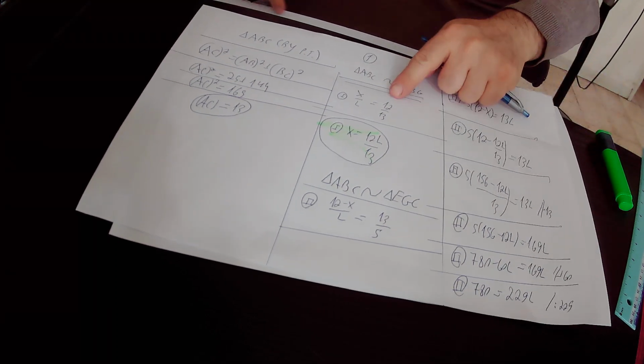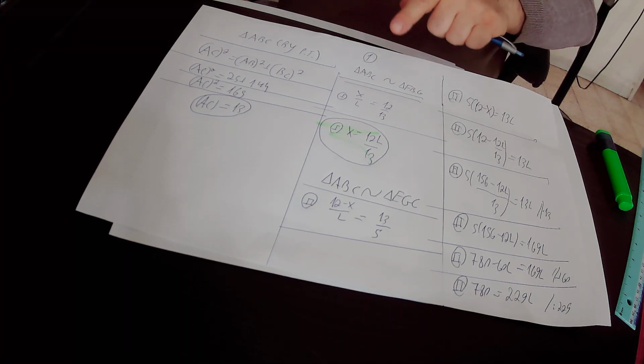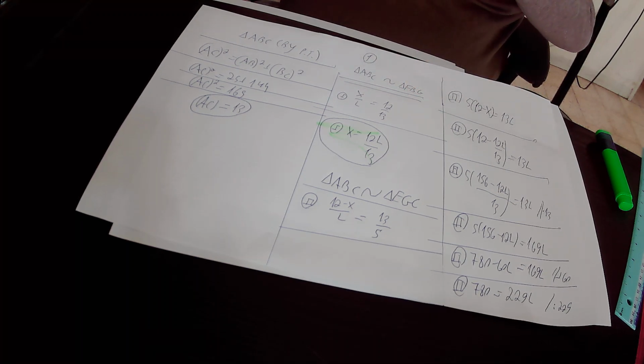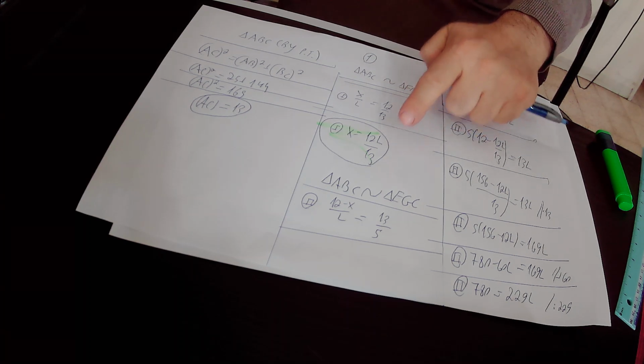So according to equation 1, X over L equals 12 over 13. Multiplying equation 1 by L, we find that X equals 12L over 13.